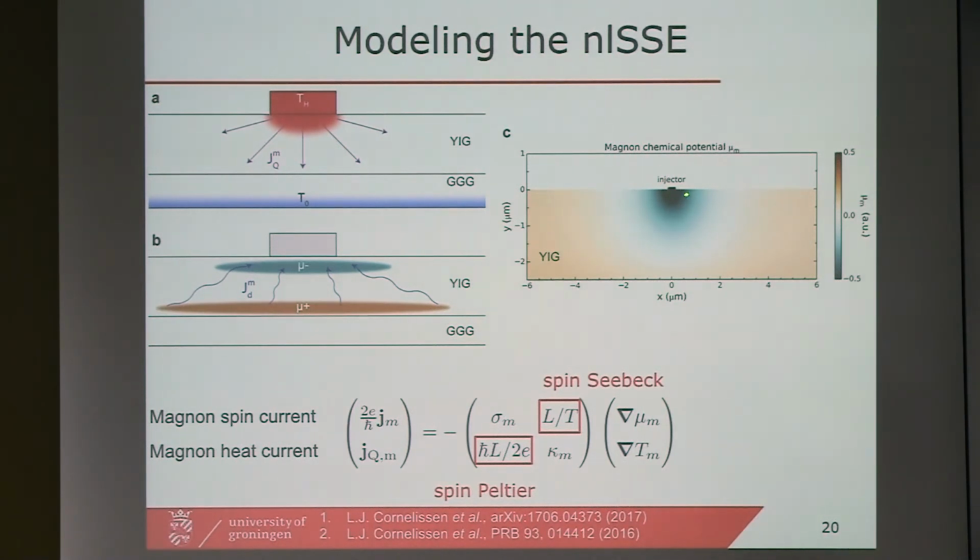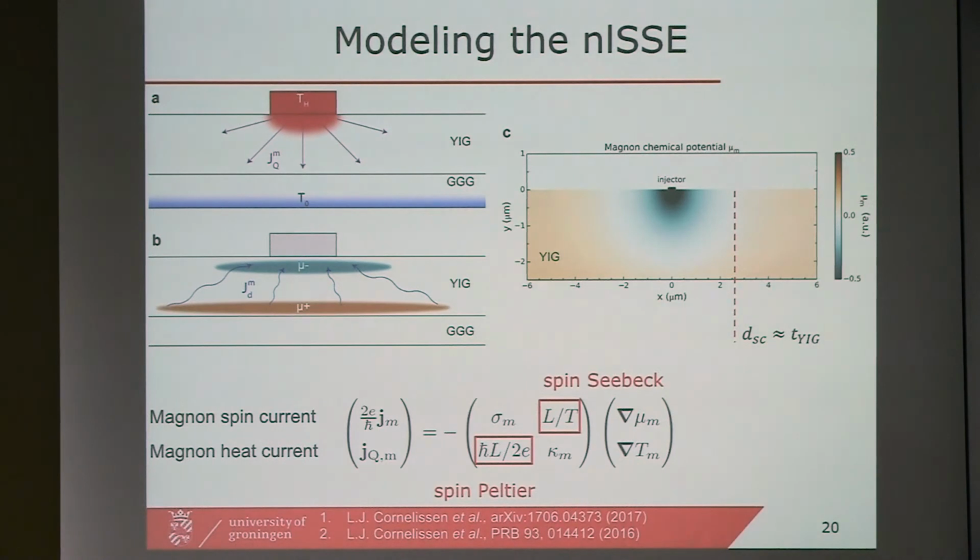You see indeed this region of negative chemical potential directly below the injector. And here this white ring that you form, that is the position at which the signal exactly becomes 0, and after that it changes sign to a positive chemical potential. So you have to tune the parameters of the model. What we get is that in this case it's approximately equal to the thickness of the YIG.